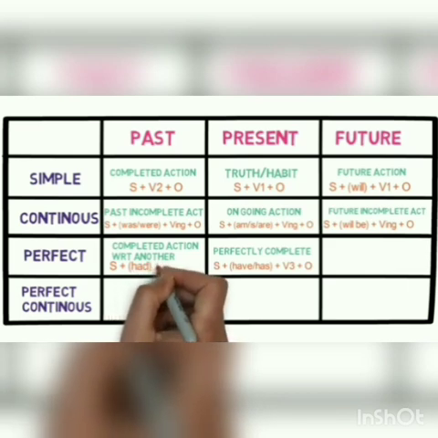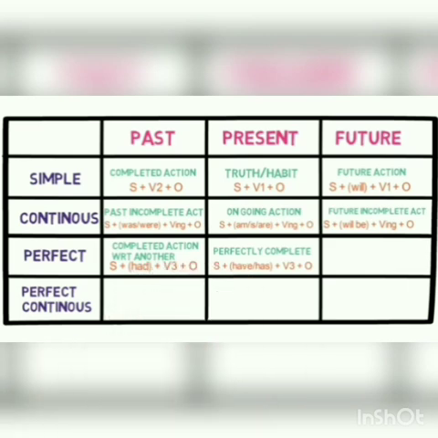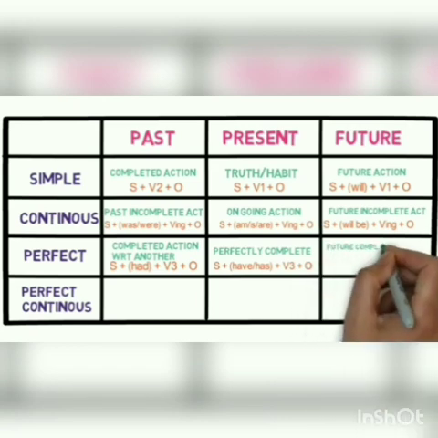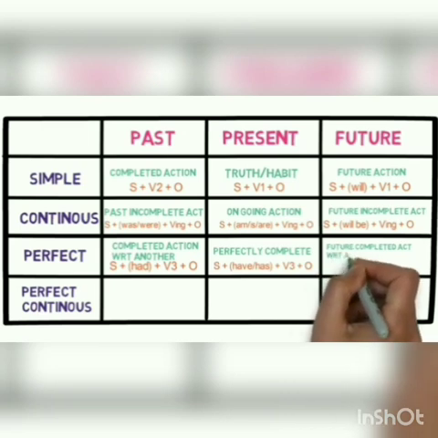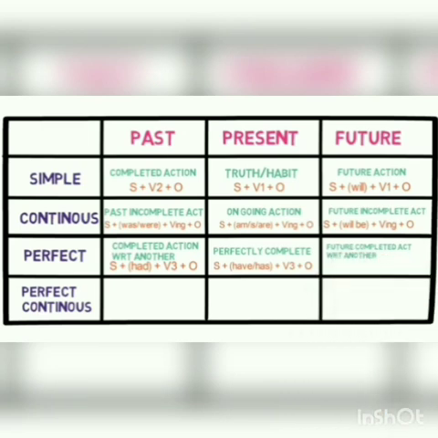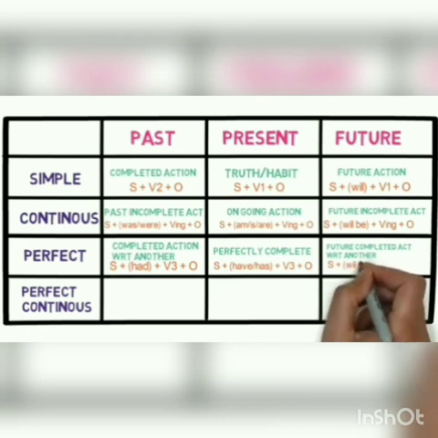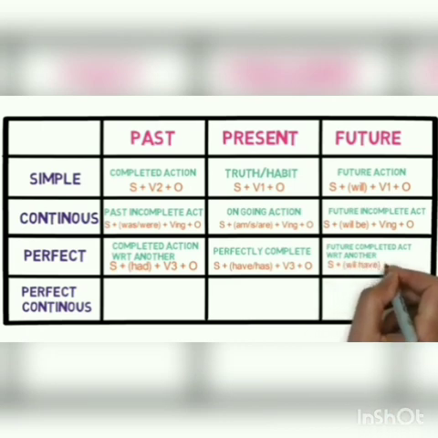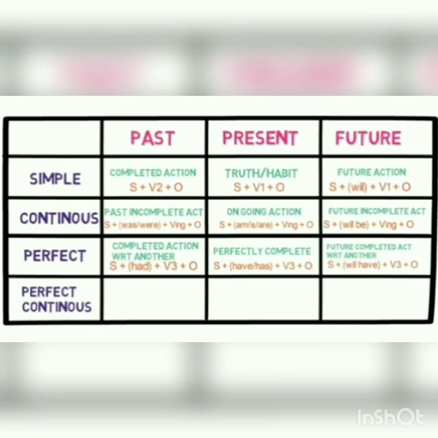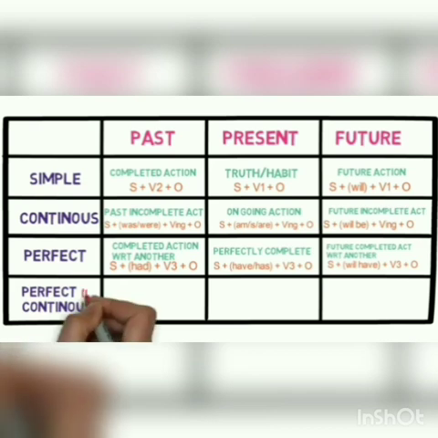And the structure is subject plus had plus third form of verb plus object. And future perfect. It shows a future completed action with respect to another. And the structure is subject plus will have or shall have plus third form of verb plus object. Okay, children, so far clear for you?